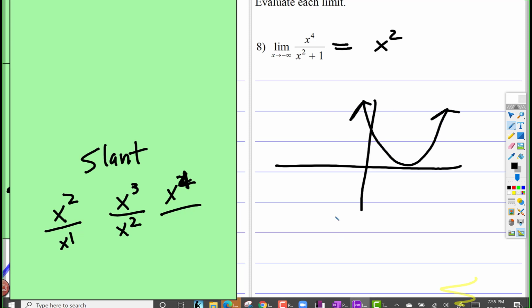And it might be a little bit flatter because there's that x to the fourth right there. So usually x to the fourths are a little bit flatter, right? Well, we're headed towards negative infinity. And if we're headed towards negative infinity, what are the y values doing? The y values are headed towards positive infinity.